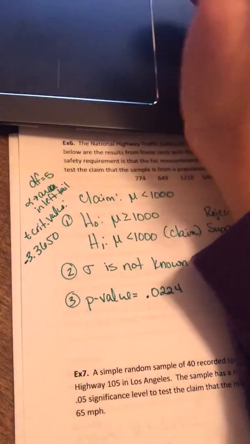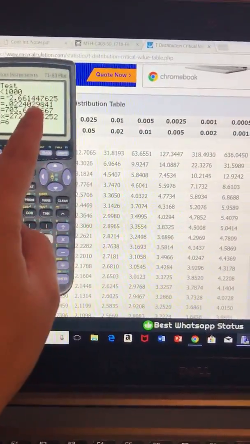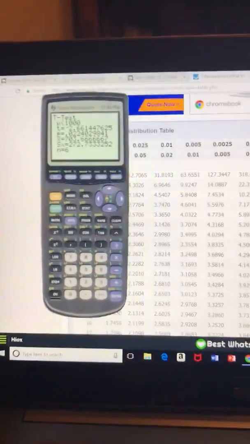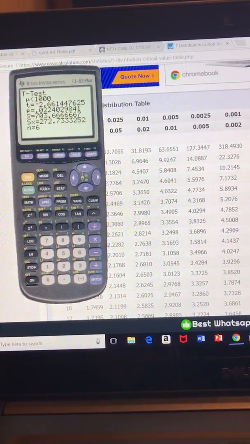So that would be your T critical value. And then you would compare this T, negative 2.66, it would be above negative 3.365, so it would be outside that region, so you'd fail to reject.